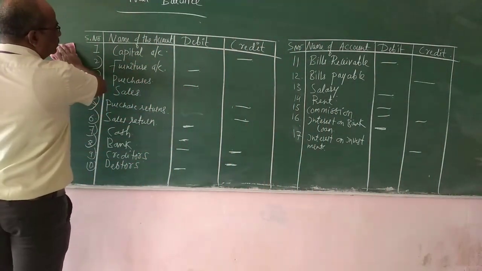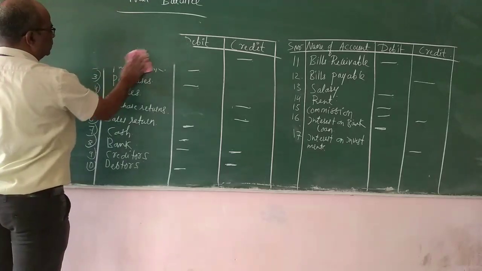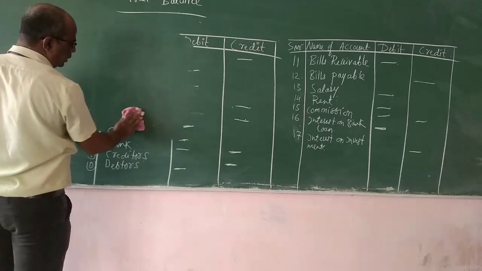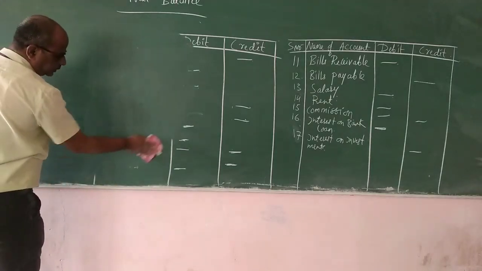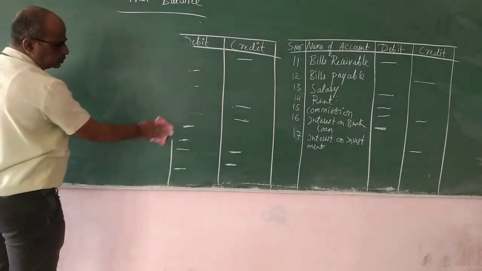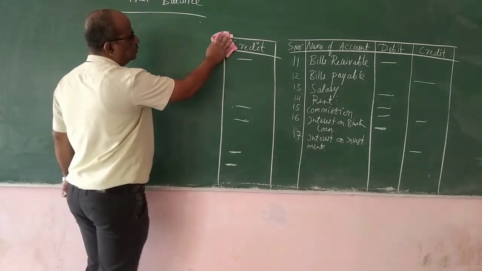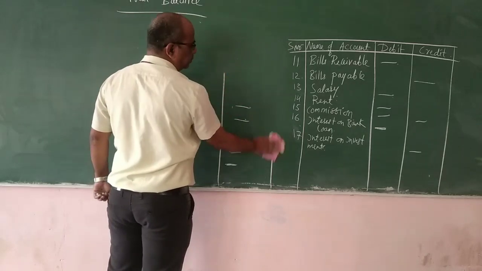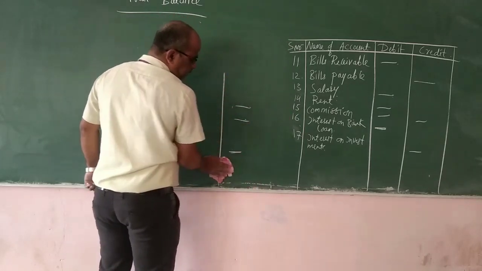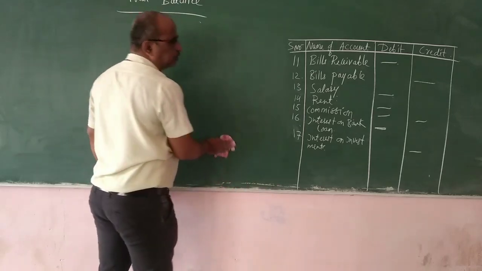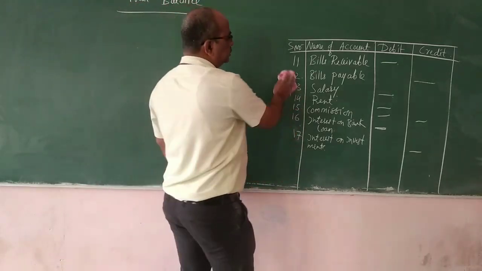Now we will see how the information is given, and on the basis of that information how you are supposed to prepare the trial balance. This question is also for 6 marks, as in the pattern of question paper I have sent you. The marks allotted for the preparation of trial balance is 6 marks.